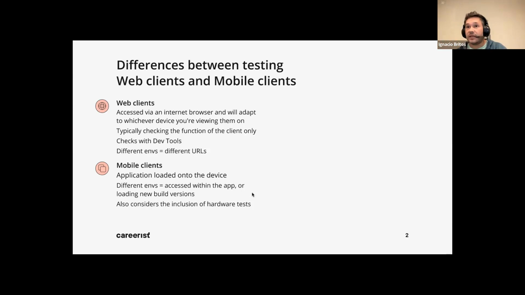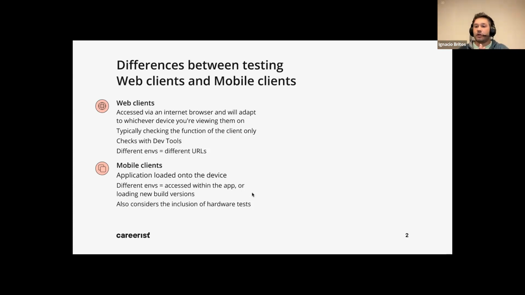In a mobile device, you cannot do that. In order to test different environments and different characteristics, you need to install a new build. For mobile clients, the only way of changing the environment to test is by installing a new build of that specific mobile app, right?